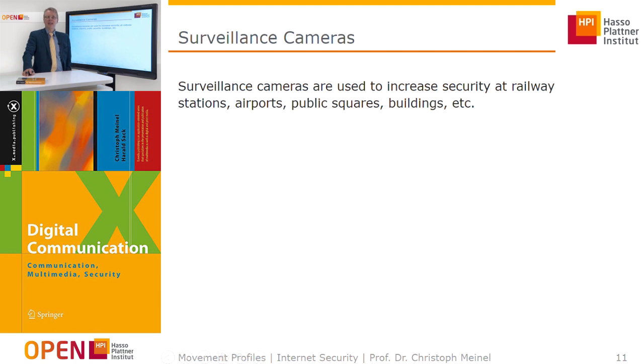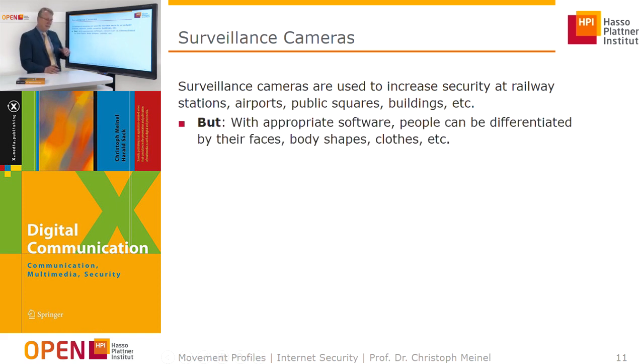Another source of data to create motion profiles are surveillance cameras. Surveillance cameras are used to increase security in public places, in railway stations, in airports, buildings, and others. And this is helpful because it's easier, for example, to find criminals or to detect problems.